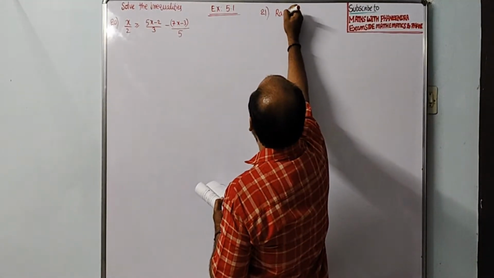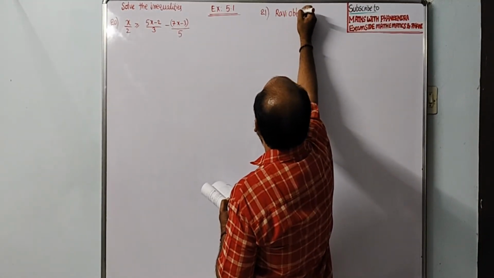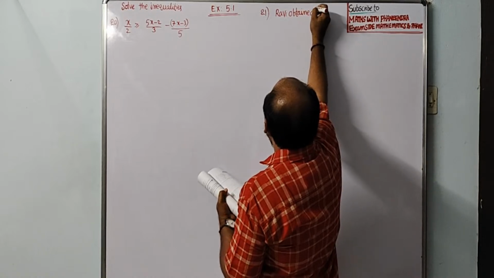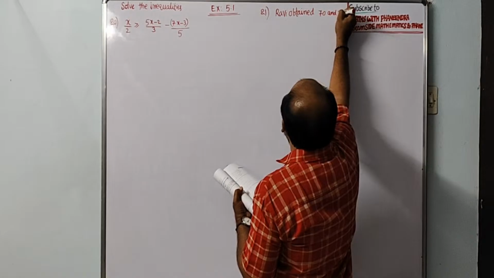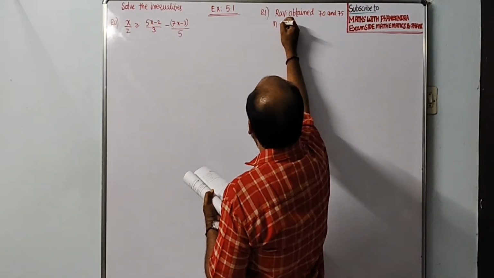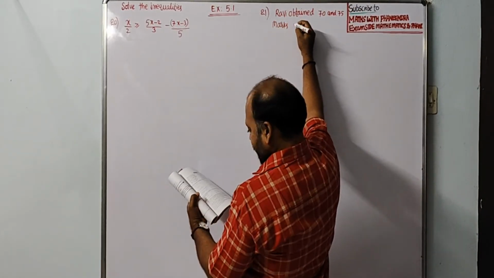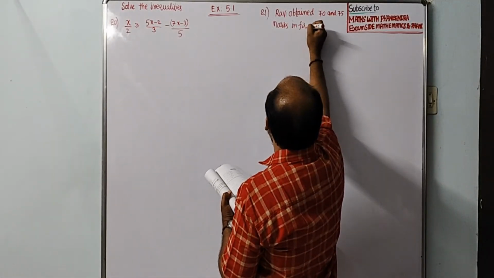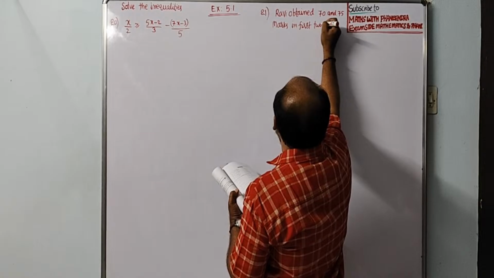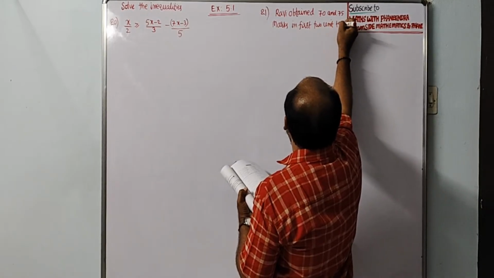Ravi obtained 70 and 75 marks in first two unit tests.